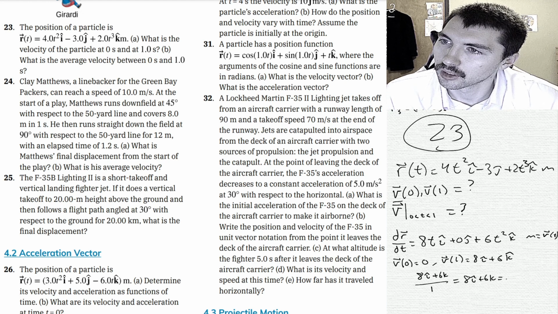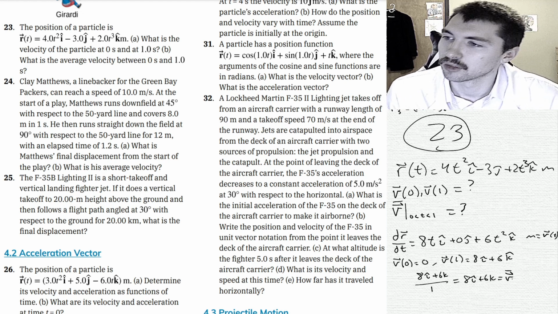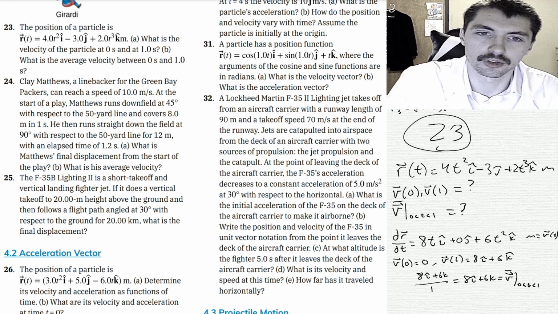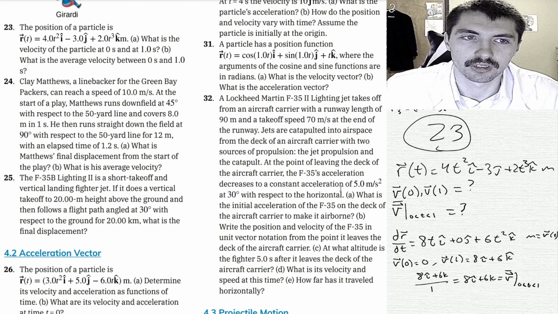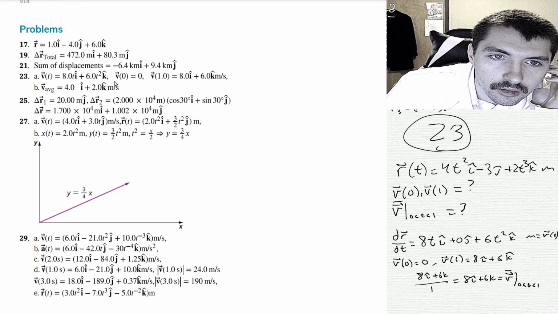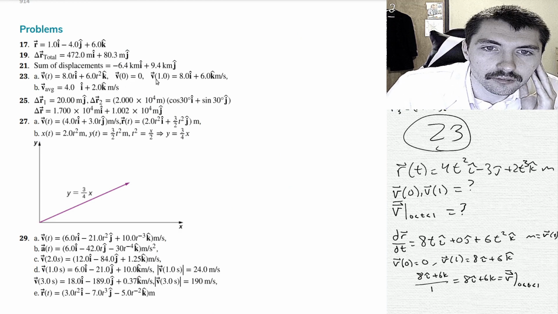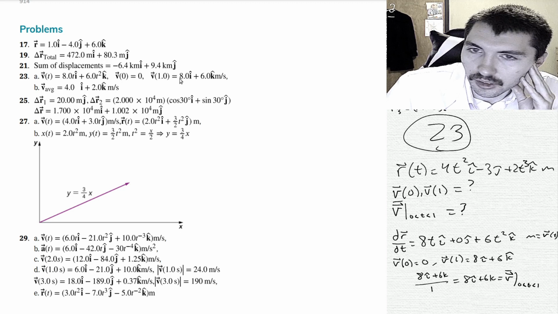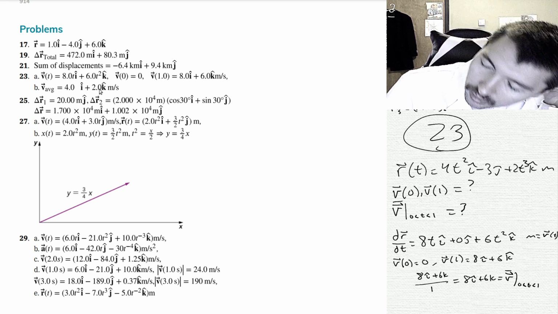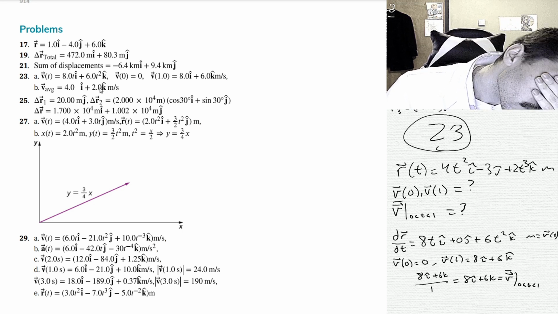So our average velocity is the same as our velocity at 1 second, 8i plus 6k. The average is 4. They do the 2.